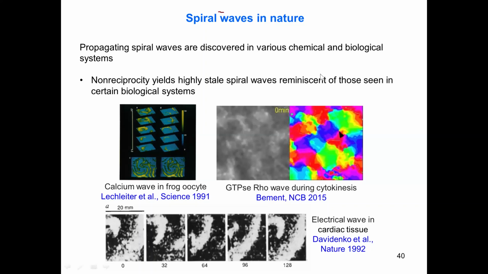So we suggest that this type of mechanical spiral wave may provide a mechanical analog to understand the origin and the control of stable spiral waves in other more complex systems, such as in heart tissue.